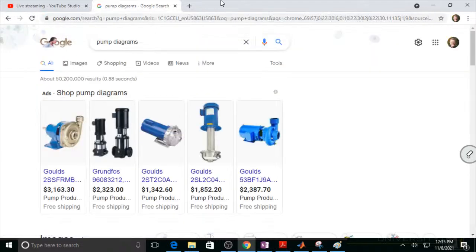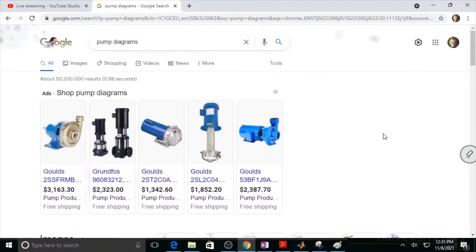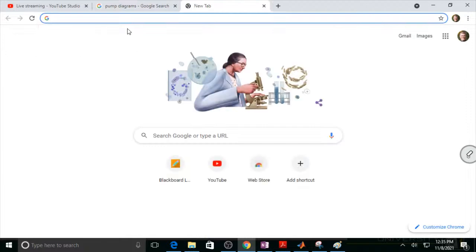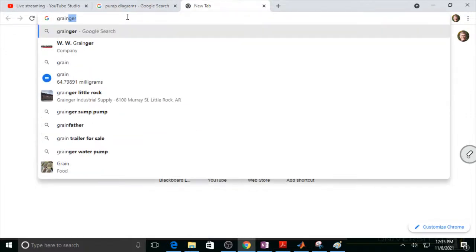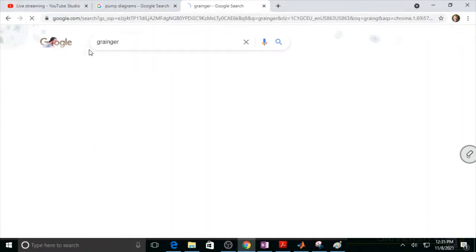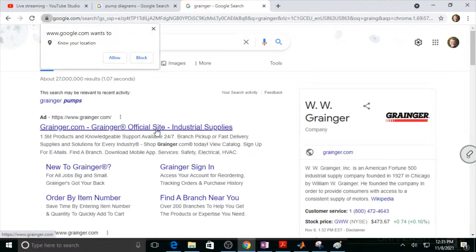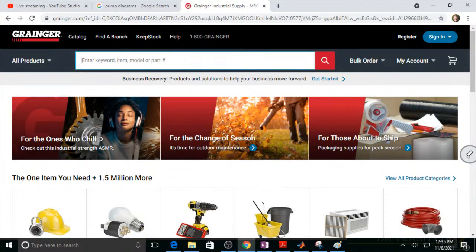Okay, so there's all sorts of these things. And what we'll do, we'll even go and construct a pump diagram. So here's how we're going to do that. Let's see. We've got a few minutes, so let's see if I can do that here.